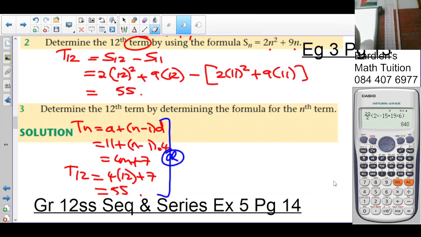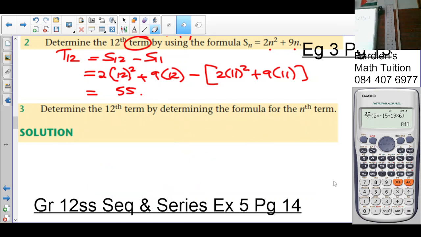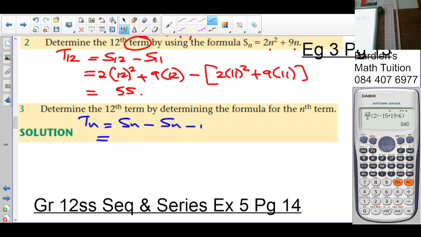So I don't need to take this off here, I need the space. Tn is equal to Sn minus Sn minus 1. We need to find the general term. So what is Sn?